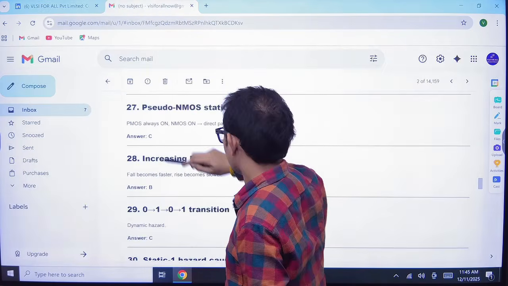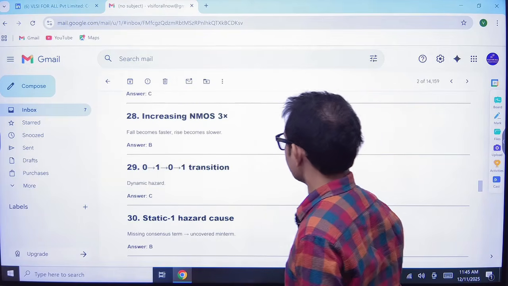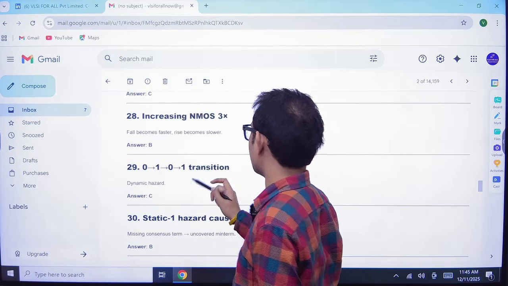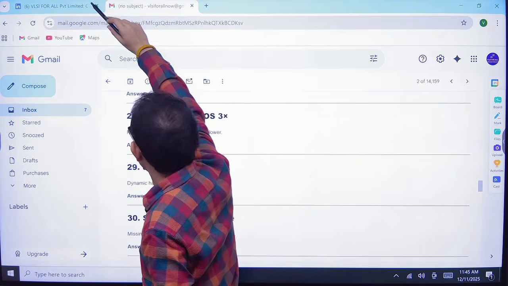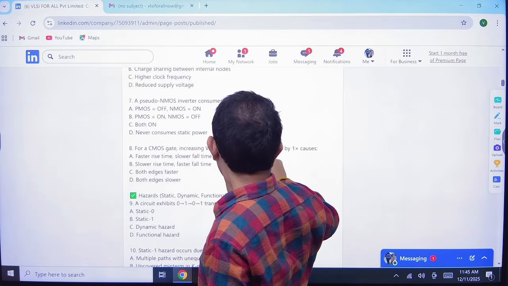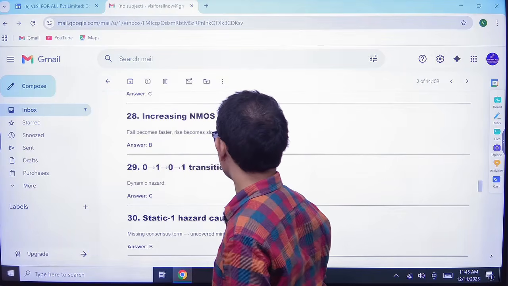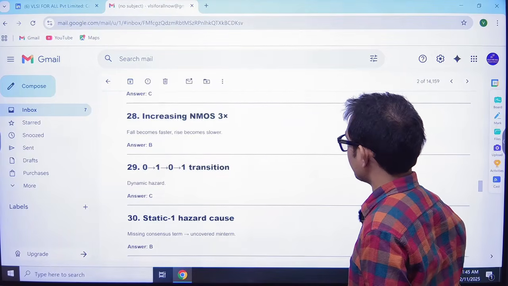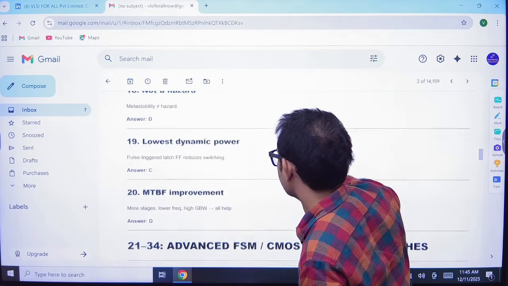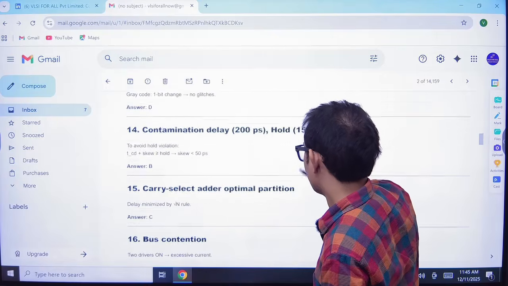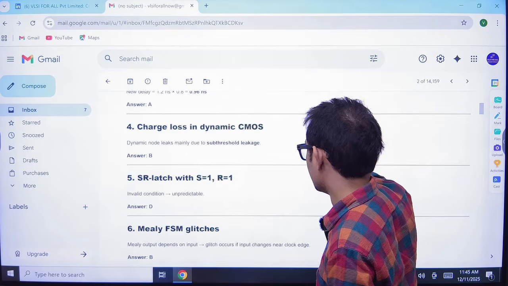So the answer is B here, because the fall becomes faster as it depends on the NMOS, and the rise time becomes slower. We have seen this concept in part 1.